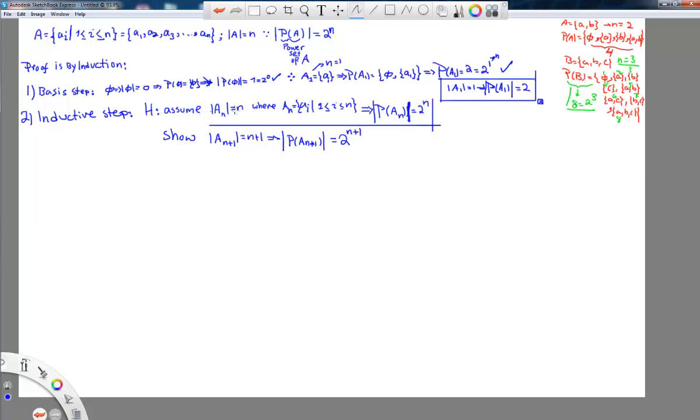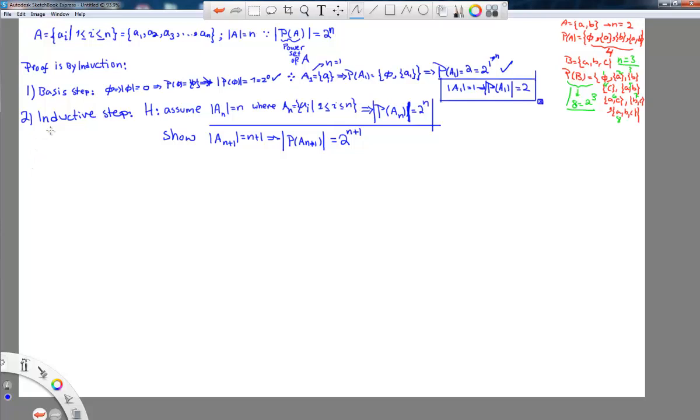So assume that if you have a set with n members in it, then its power set has 2 to the n elements in it. Show that if you add one element to this set, then the power set size will grow to 2 to the n plus 1. So this is what I want to show.